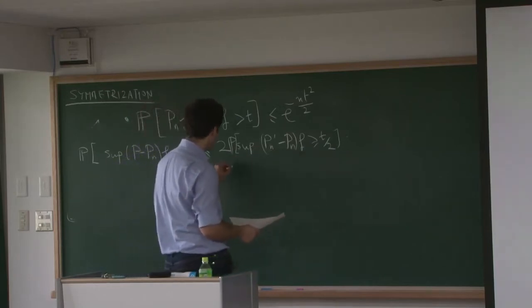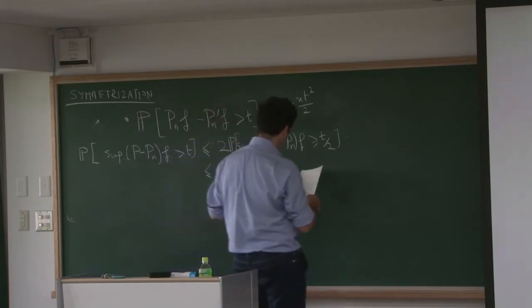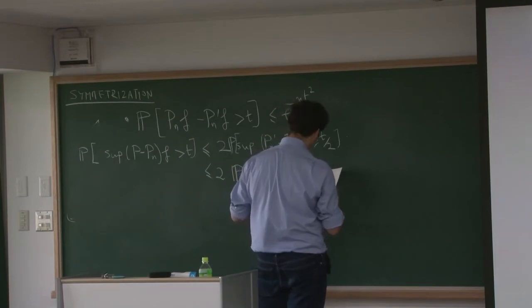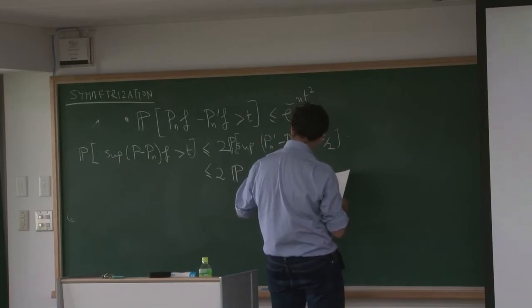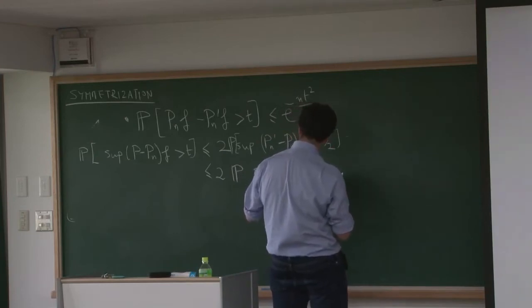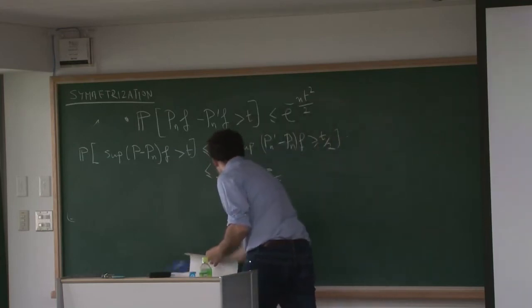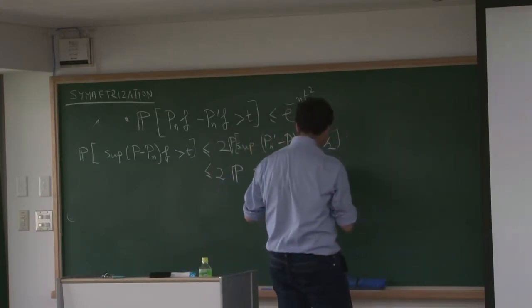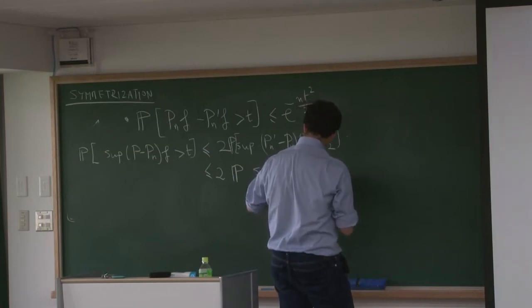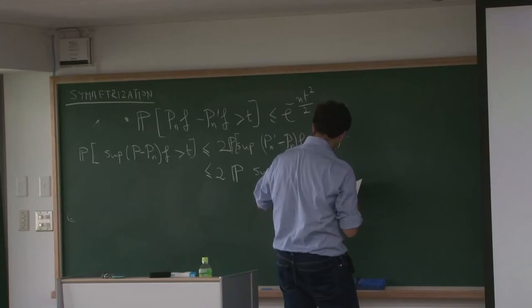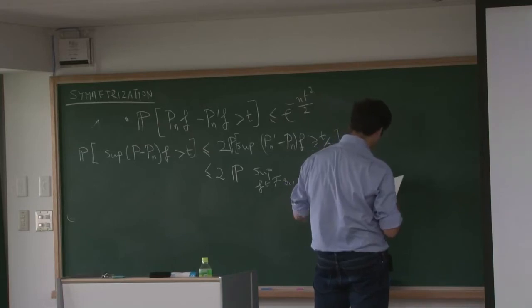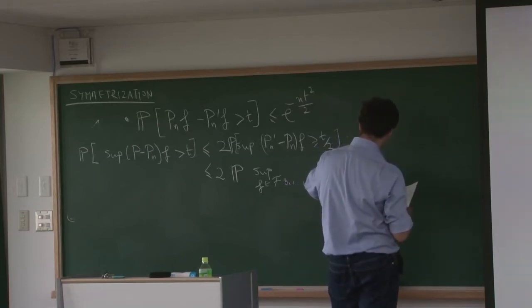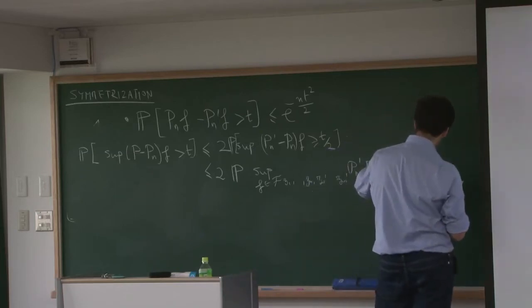So it's just 2p times the supremum over all possible functions in the function class, all possible vectors, sorry, in the set of different classifications of z1 to zn, z1 prime to zn prime, of Pn prime minus Pn f bigger than t divided by 2.